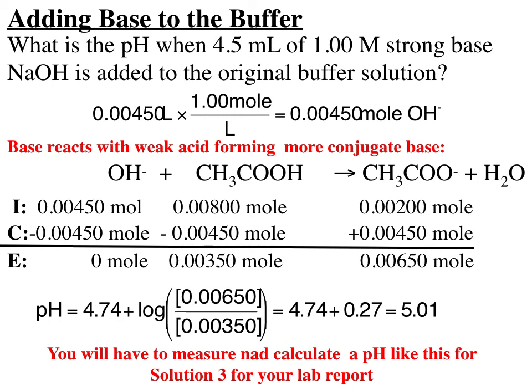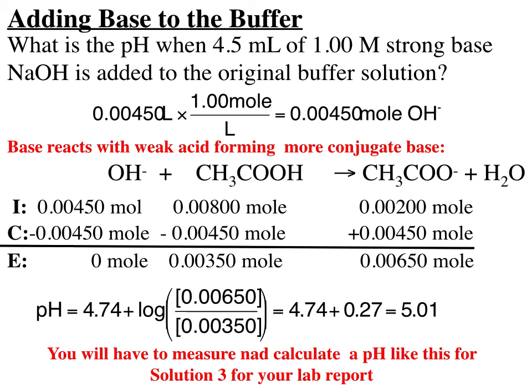So again, I take the moles of OH I just calculated above, and I use the original moles from the buffer solution I prepared a few slides back, and I run this as a limiting reagent where the OH minus is the limiting reagent in that reaction because it has the least number of moles present.